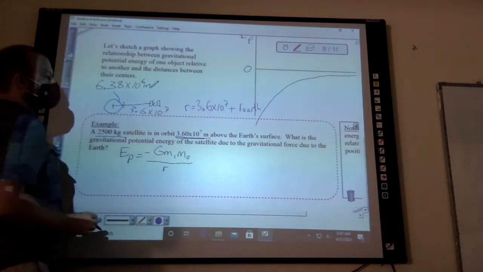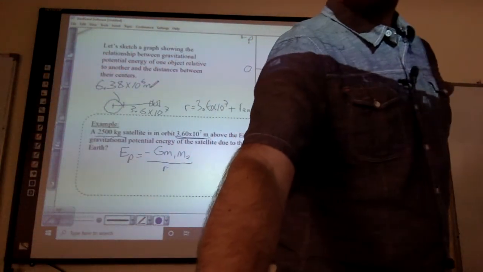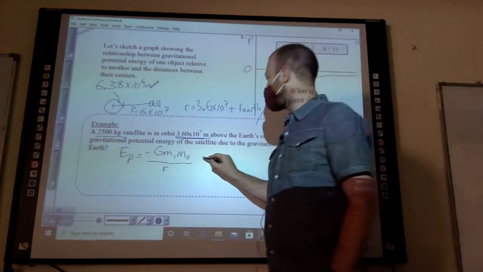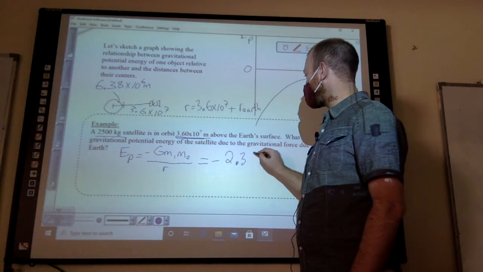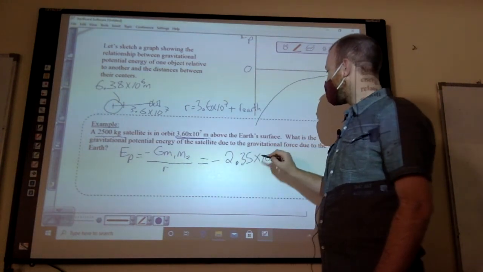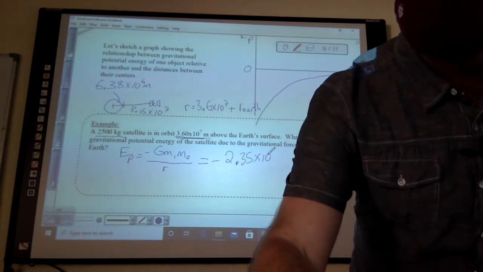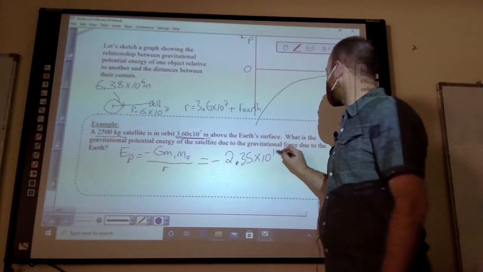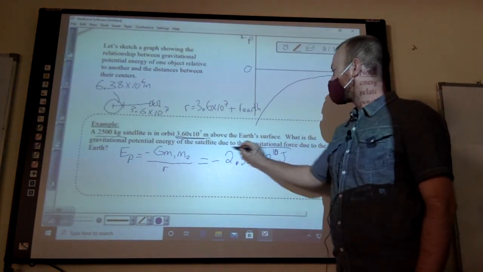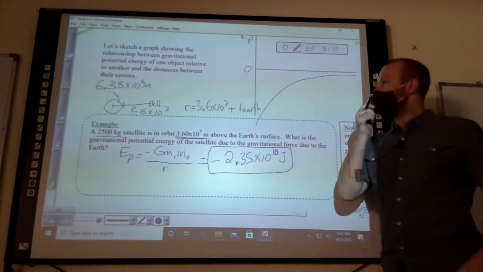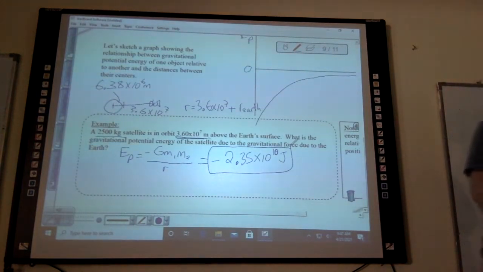So you just add these two together, that gives you the radius. So plugging all those numbers in, negative 2.35 times 10 to the 10. My writing's really bad on this. So negative potential energy, that's okay. You can have negative energies, and that's totally fine.